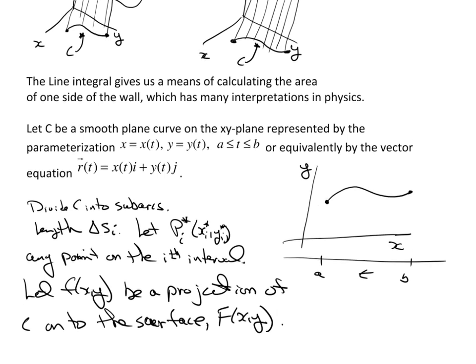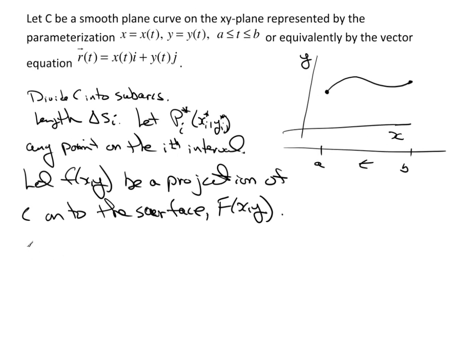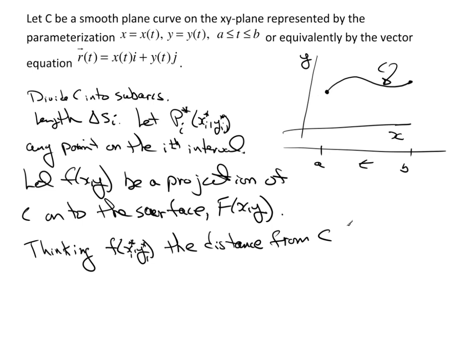Now with this notation, F of x i star, y i star, because this x and y is the arbitrary point in the ith interval of C, this is actually the distance from C to the surface at this point x i, y i.